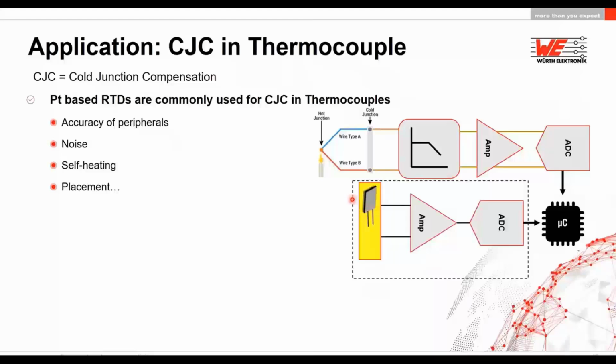The RTD circuit also uses some amplifier, some ADC converter, and then you have some data logs that compare the temperature from the thermocouple and the RTD, and then you have the temperature of the cold junction.